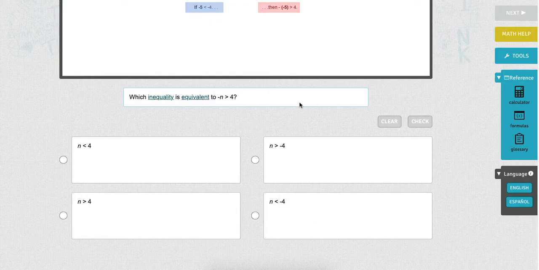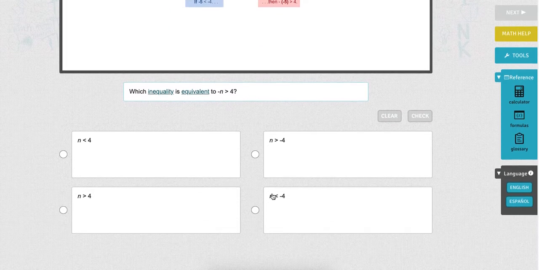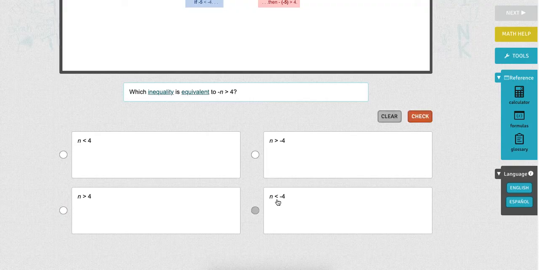Okay, but then it also, remember, said that you had to switch the symbol. The symbol reverses. Well, this symbol is the same as this symbol, but this symbol goes the other direction. So I'm going to say it's this one, that n is less than -4, because here it was negative n is greater than 4.